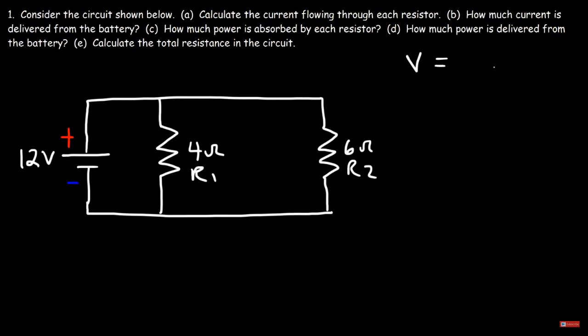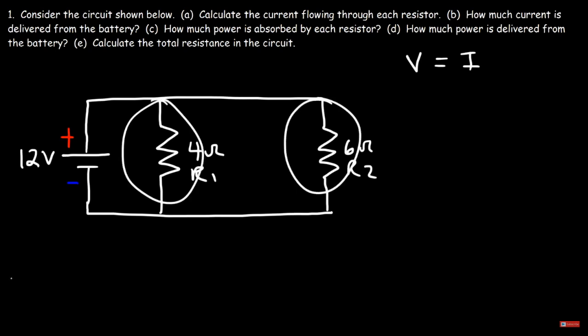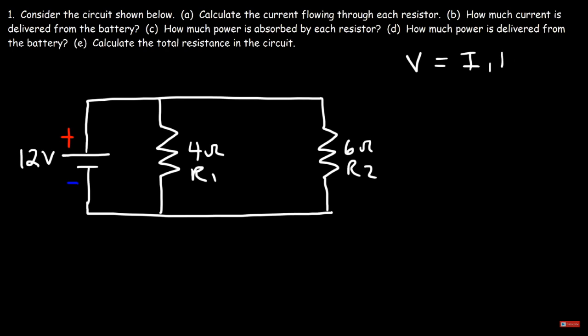We use V = IR. So the voltage of the battery, which is the voltage across each resistor, is going to equal the current through the resistor times the resistor itself. So to calculate the current, it's going to be the voltage divided by that particular resistor.